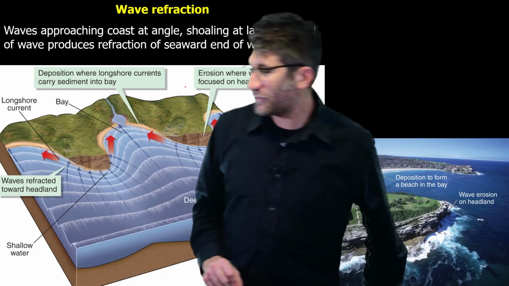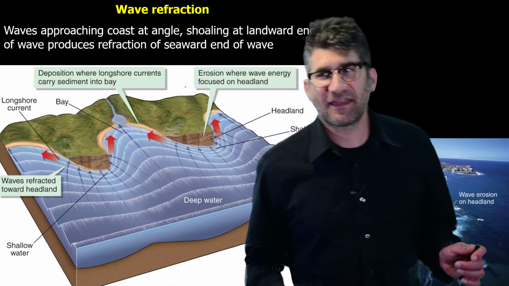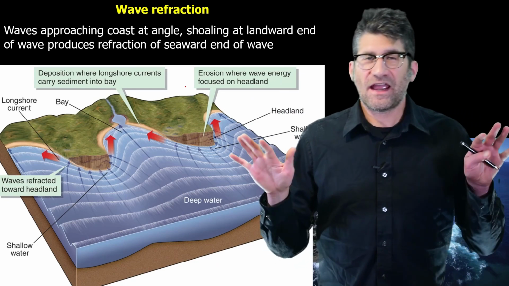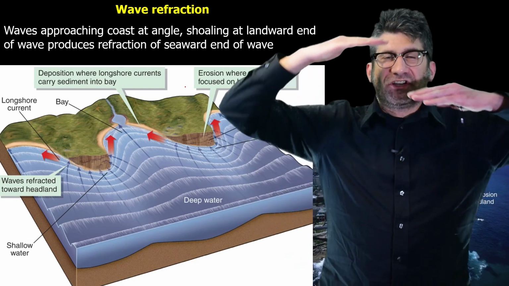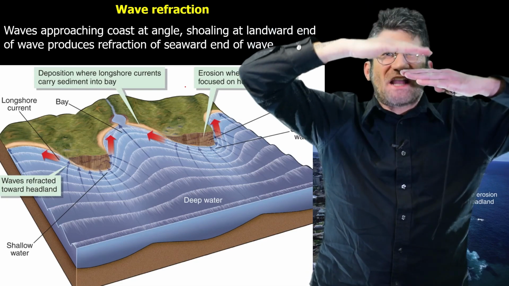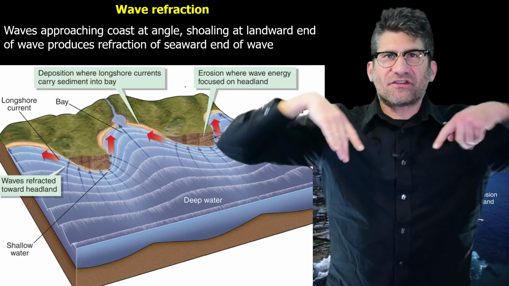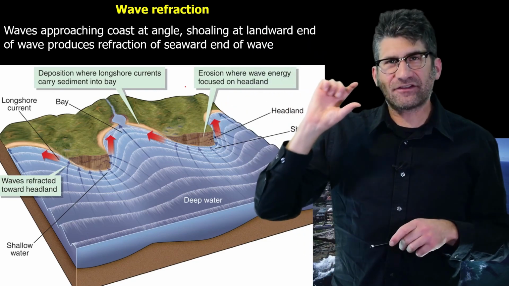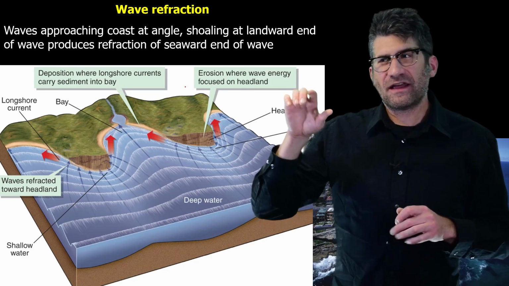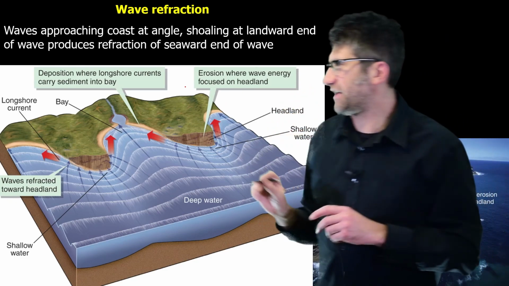Okay, my last point for this lecture is another really fascinating thing that happens along coastlines, and that's what we call wave refraction. As our waves go from deep water to shallow water, the velocity of that wave changes, and as the velocity of the wave changes, the angle that the wave is taking, the direction of the wave, changes too.